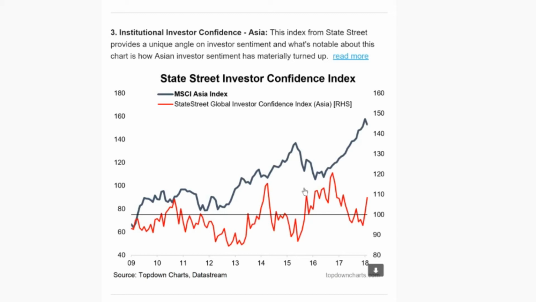So the 100 line there, we're looking at the right hand axis for this indicator. The 100 line is a line of demarcation where readings below 100 imply that the large institutional investors are reducing allocations to risky assets, so increasing allocations to cash and bonds, whereas readings above 100 indicate greater allocations to equities and other growth risky assets.